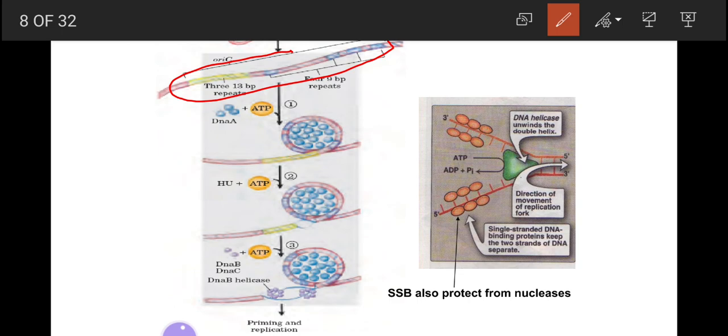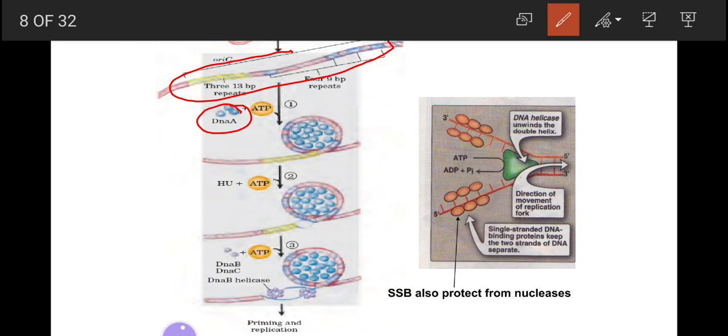At the ori site, the first protein which I will discuss and which is needed for the origin of replication is the DnaA protein. This region, which contains three 13 base pair repeats and four 9 base pair repeats, is the ori site.